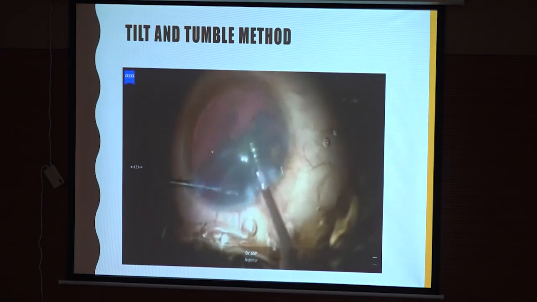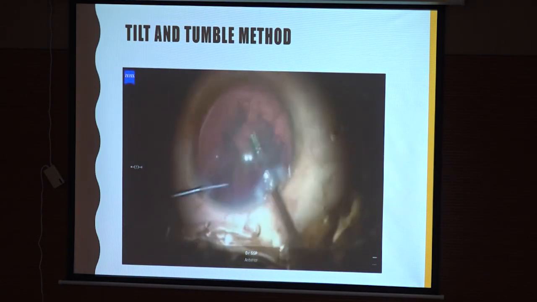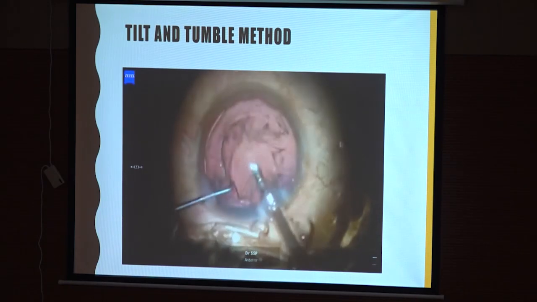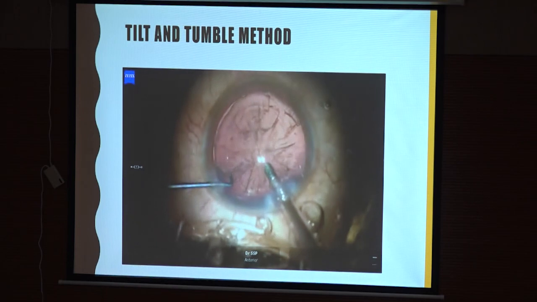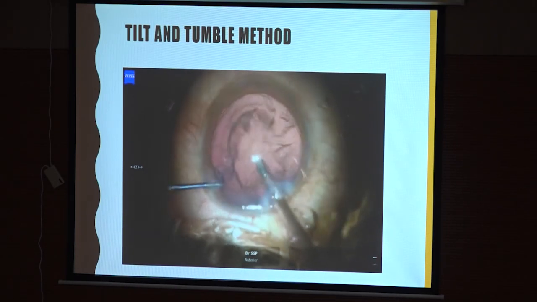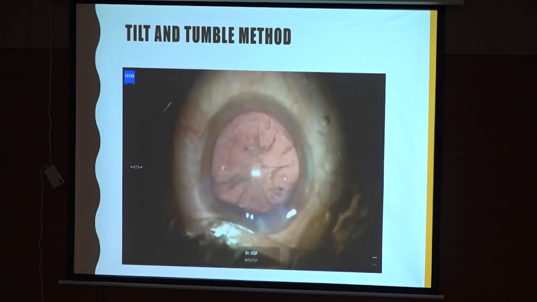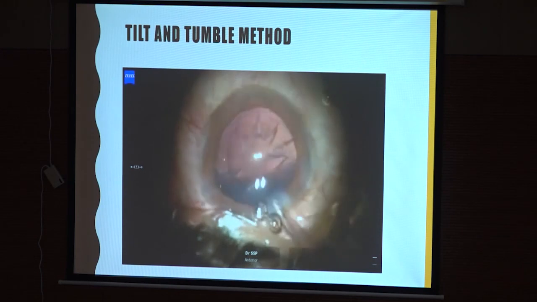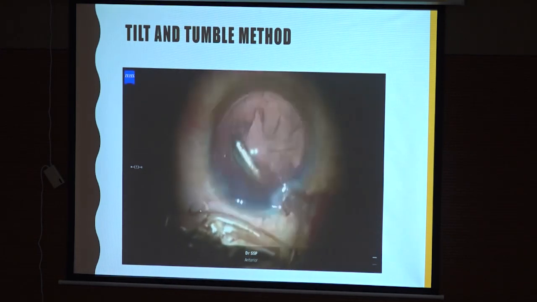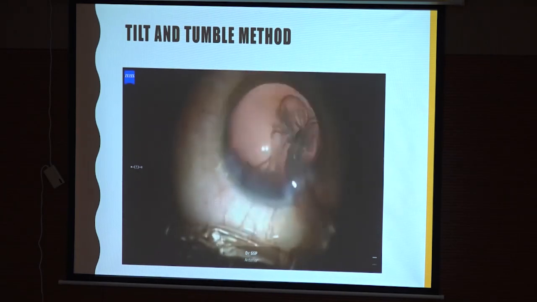So what is the benefit of doing phaco in the capsule? The energy dissipated, which can harm the endothelium, is less in endocapsular techniques. So it is always better to finish phaco in the capsular bag, not in the anterior chamber. But in soft cataracts, even if you do phaco in the anterior chamber, not much energy will be dissipated, because these nuclei have very little consistency, so very little phaco energy will be needed.